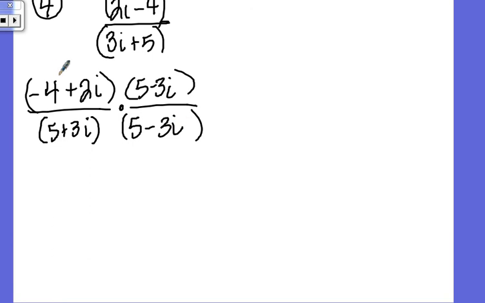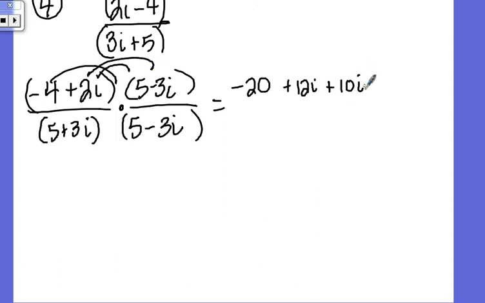Okay? So we're going to multiply our tops first, and that's going to give us -20, positive 12i, positive 10i, and negative 6i squared. Remembering that i squared turns this to a different sign, and we're going to regroup that and put that with that number.